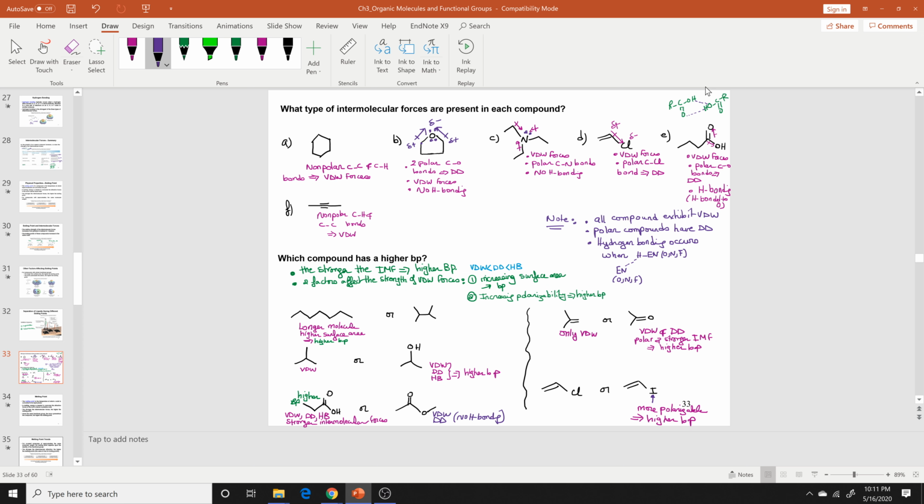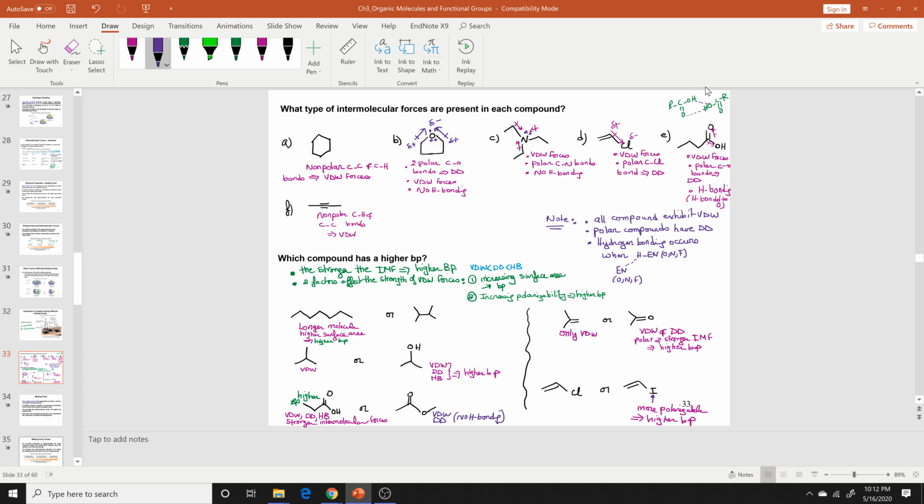So if I am comparing between these two compounds, this one is a longer molecule, higher surface area, higher boiling point than this compact molecule here. This has van der Waals force, this has hydrogen bonding, van der Waals and dipole-dipole, so it has a higher boiling point.